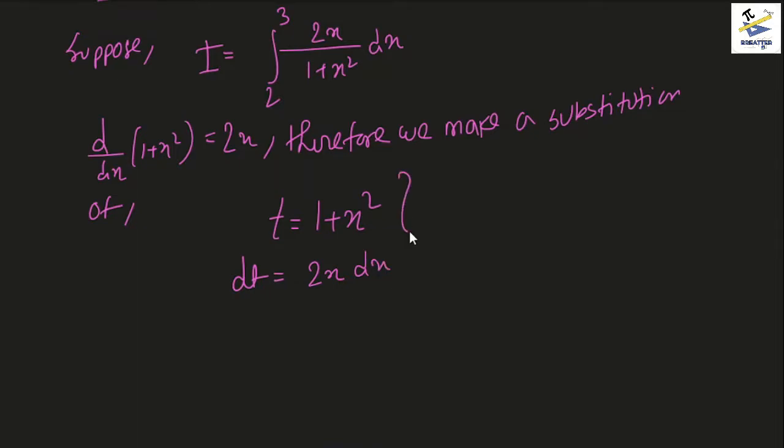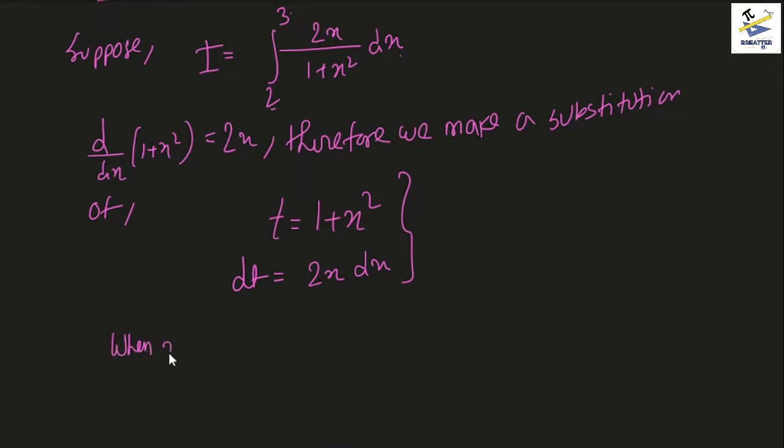So up to this part it is quite similar to indefinite integration, but now the fact is that we also have limits in the integration, and these limits are for x, right? So the limit for the variable x is 2 to 3, and what that means for the new variable t is what we are going to try to find out.